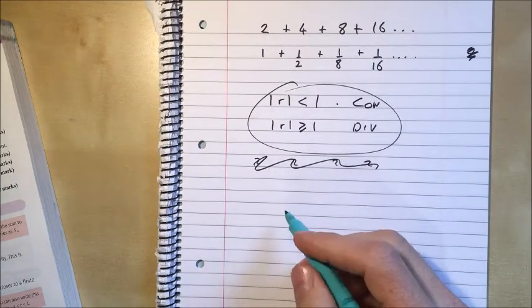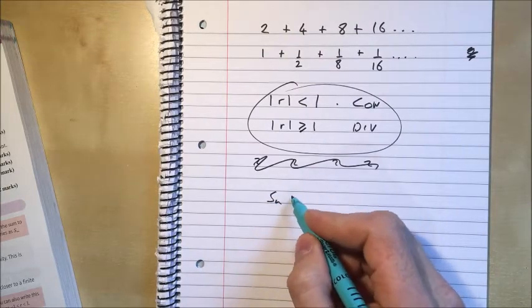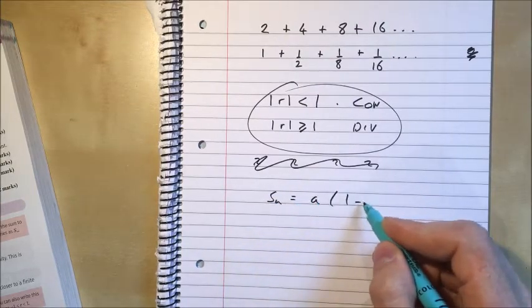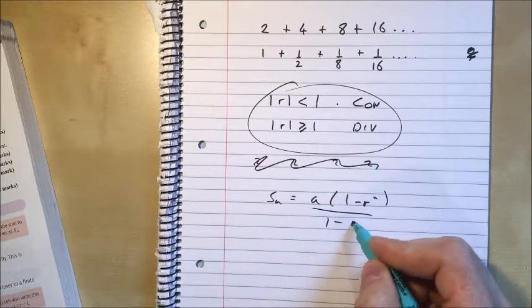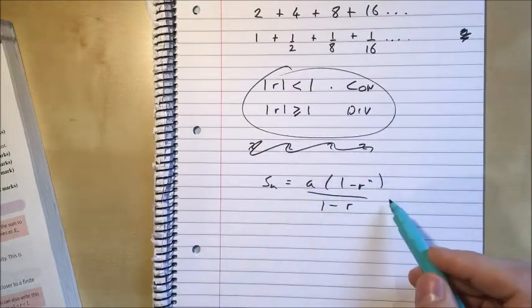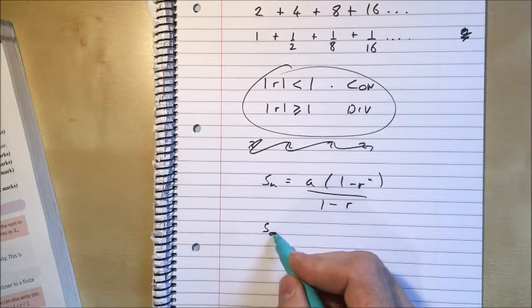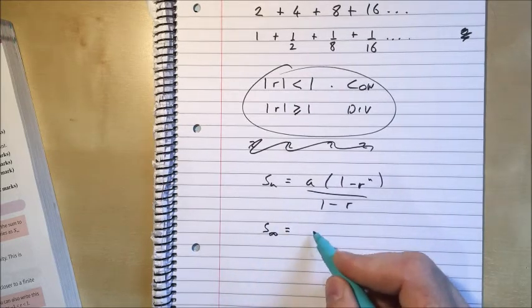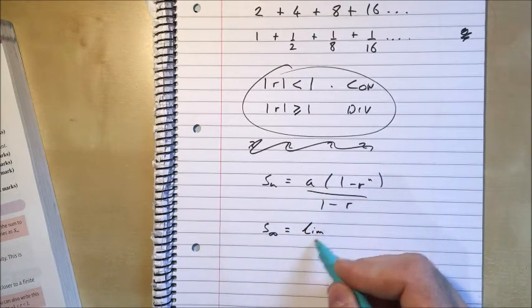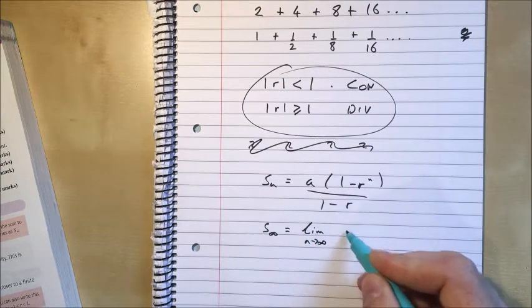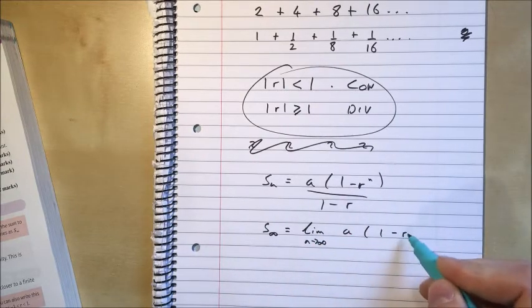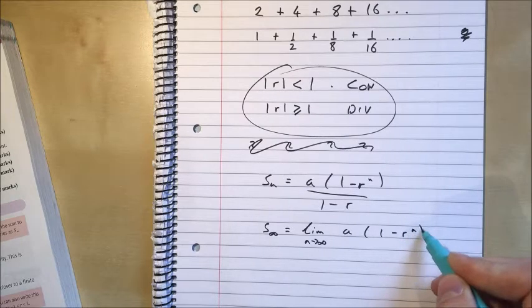The sum to the first n terms is a(1 minus r to the n) over 1 minus r. When n gets bigger and bigger, we get the sum to infinity. So we write down sum to infinity equals the limit as n tends to infinity of this thing. What does this get closer and closer to as n gets bigger?